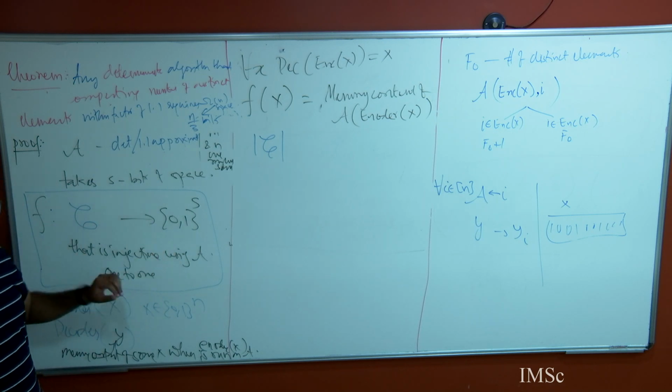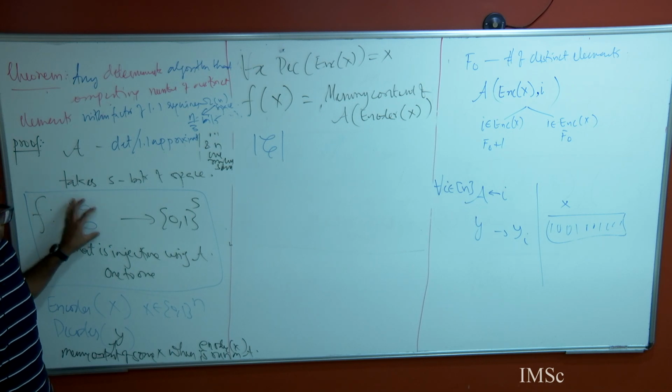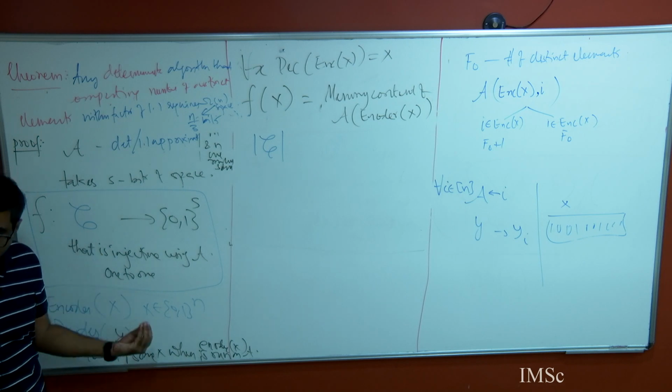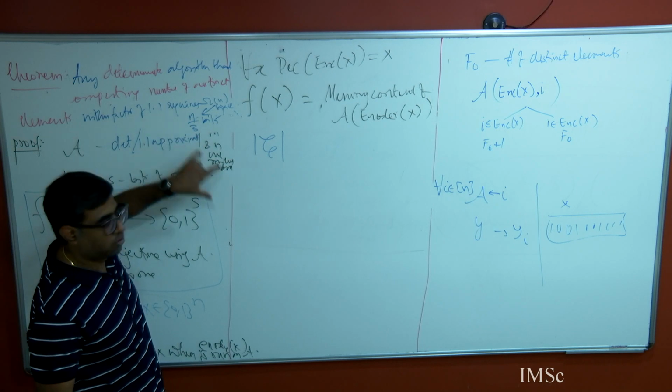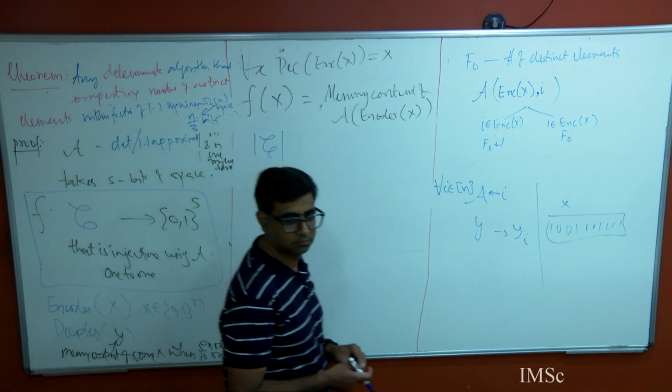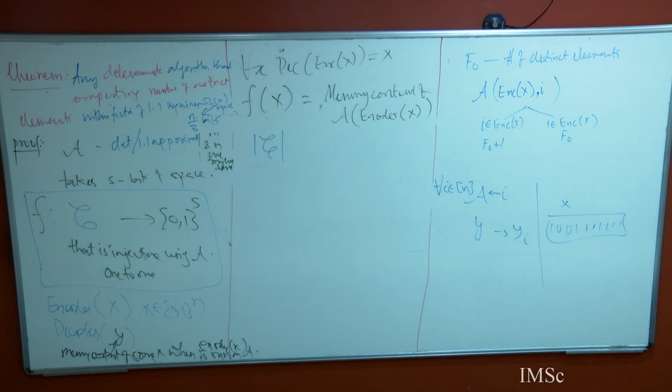And the scheme is the same. Given this family C, I'm going to give a mapping from this family C to 0,1 to the power s such that it is injective, right? If that is my scheme and I want an n by 3 lower bound, what should the cardinality of C be? Why did you get the n bit lower bound in the previous case?